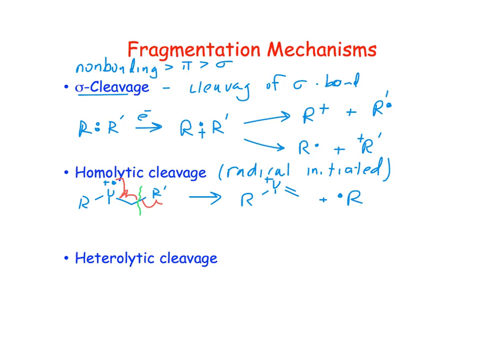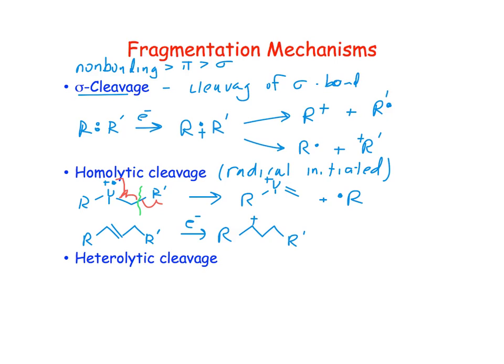You could also do this from pi bonds. If we don't have any non-bonding electrons, we only have pi bonds. Let's ionize this, and then we just have one electron left in the pi bond. You can choose which way you want to draw this.